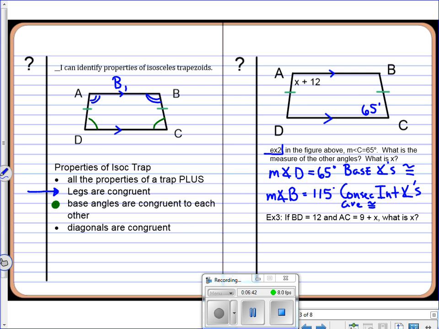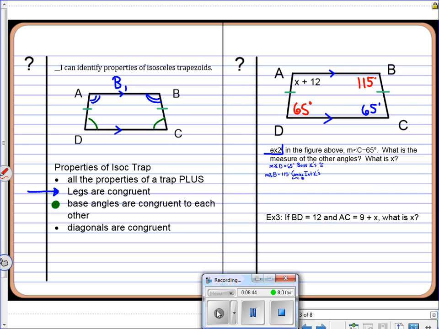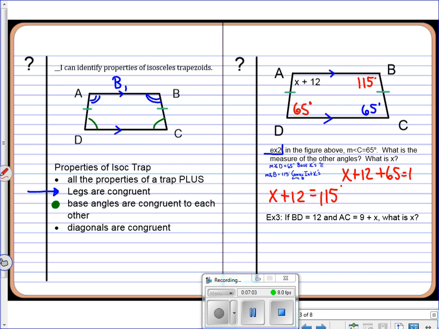Now, I need to find x. I'll put my information in as I just found. And so what I find is that either I can write the equation x plus 12 equals 115 degrees because base angles are congruent, or I could write the equation x plus 12 plus 65 equals 180 because in a trapezoid, the interior angles between the bases are supplementary.